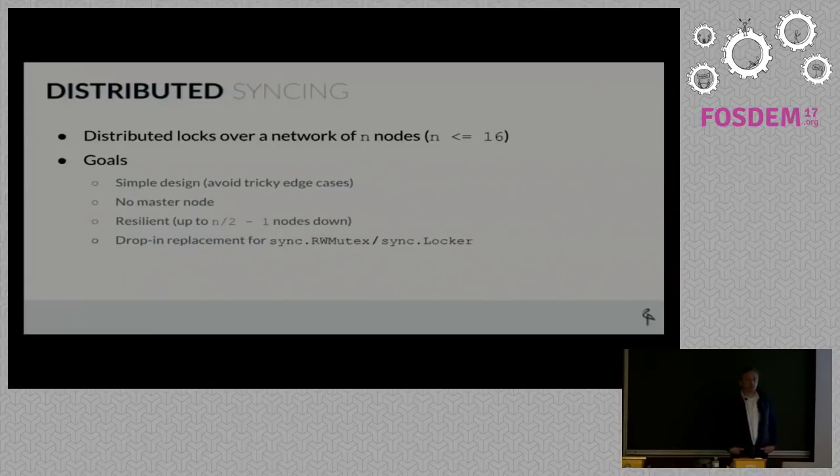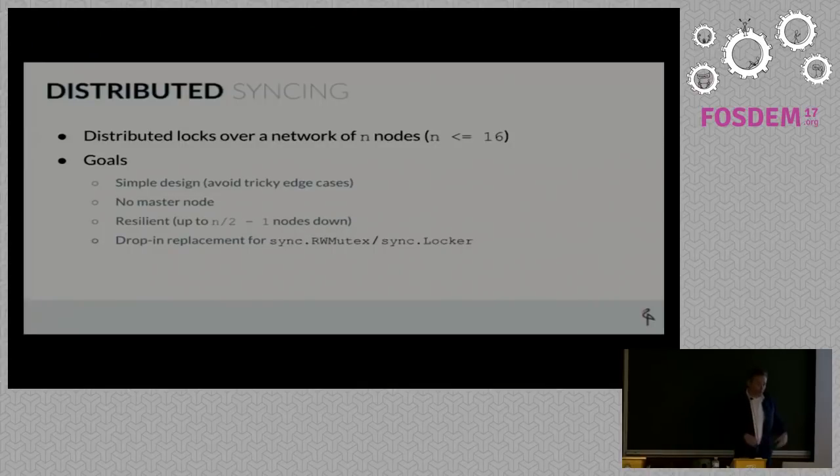It's also resilient in the sense that if multiple servers go down, the system just continues to function. So basically, up to a total of n/2 minus 1 servers can be down and you can continue to function. We also wanted it to be a drop-in replacement for the existing primitives in the Go language.